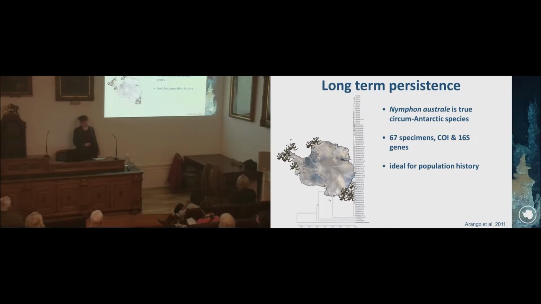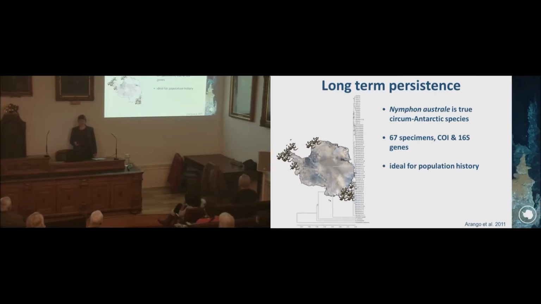We also had the long-term persistence in the Antarctic. Nymphon australe is a sea spider, and we have records of sea spiders for millions of years in the Antarctic. We had to look into this particular small, abundant species called Nymphon australe.